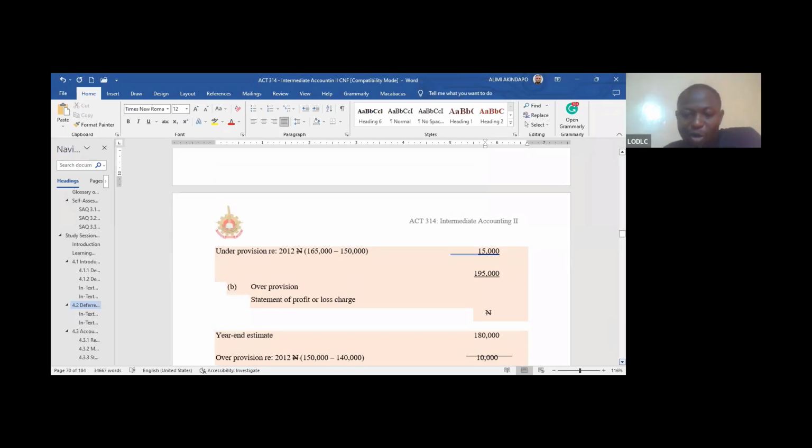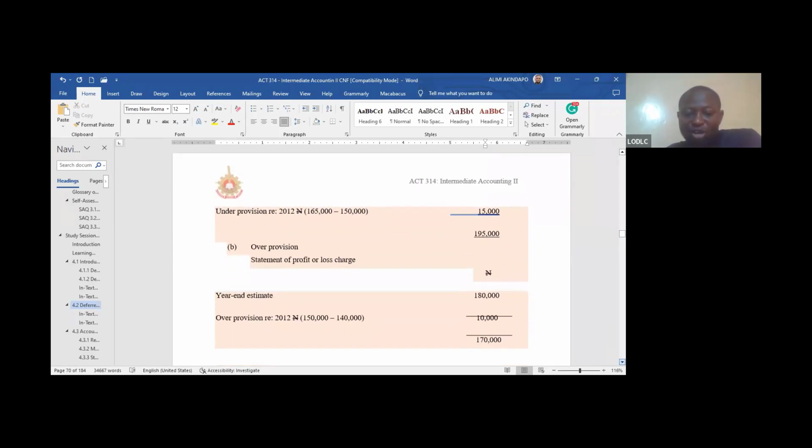So then for the second one, statement of profit or loss, what was estimated in previous years, that is in 2012, is 150,000. Then what was agreed with the tax authority is 140.